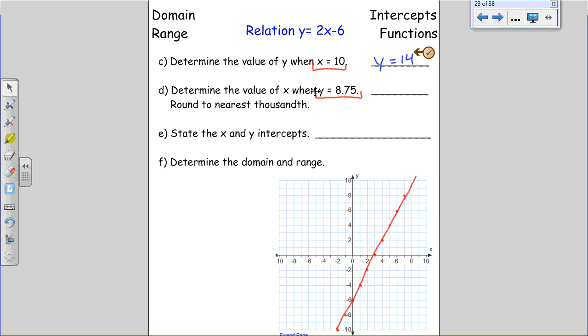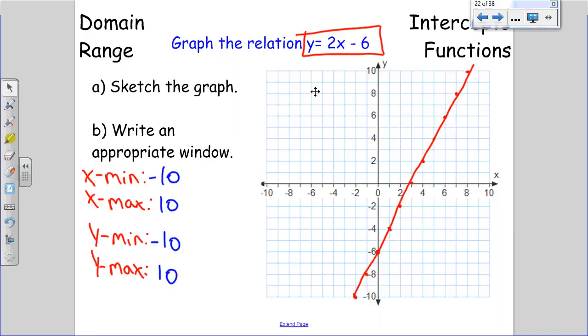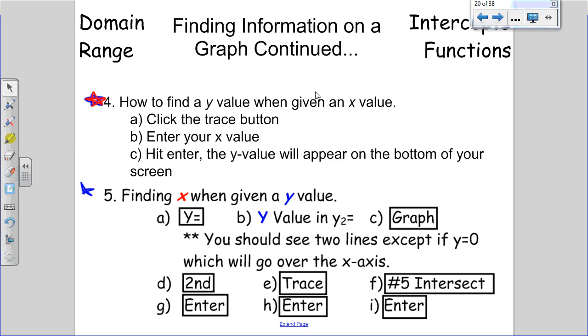So instead you have to do a little bit of a trick. If you look back, this is number 5 on your step-by-step instructions. That trick that we're going to do is we are going to draw another line on our calculator. And that other line is going to be at Y equals 8.75.